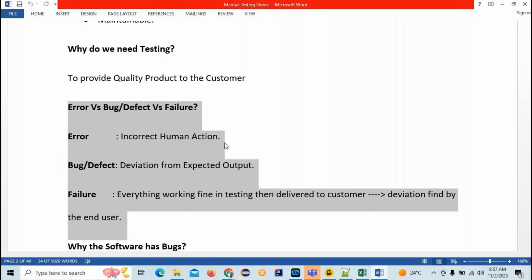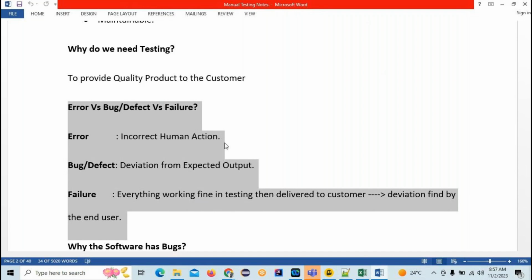Maybe in some Instagram reels, where some software employees are making reels, you may hear that word escalation by the customer, right? So escalation is nothing but if the deviation from the expected output is found by the customer after the product goes live, then it is called a failure.